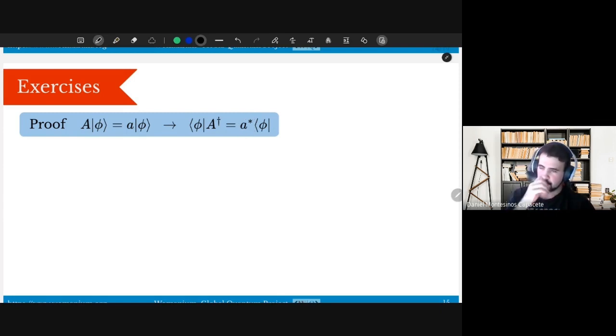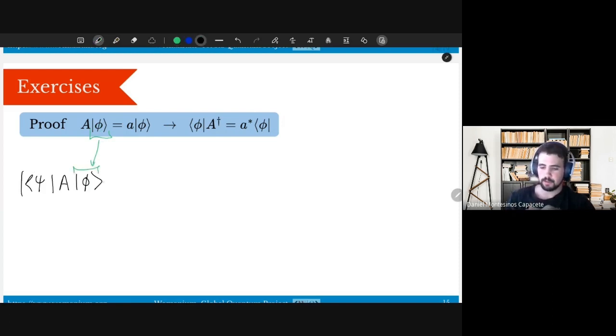In order to prove that, we take another general vector, just any vector of your Hilbert space, your operator A, and this vector phi. This vector is this one, right? That's important.